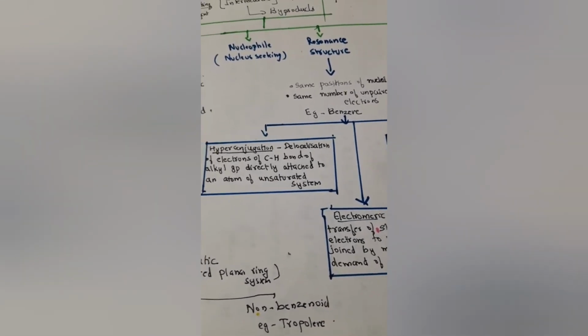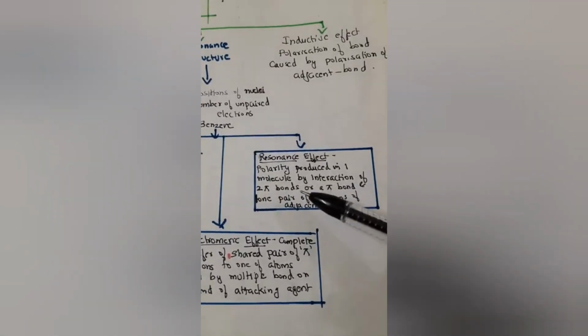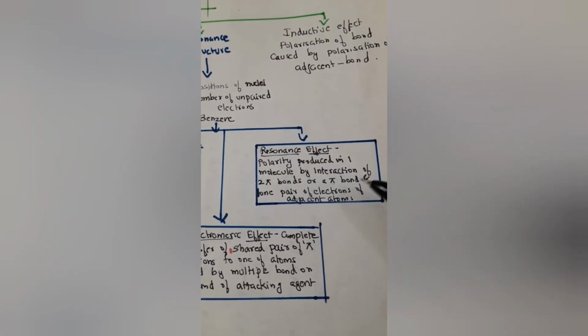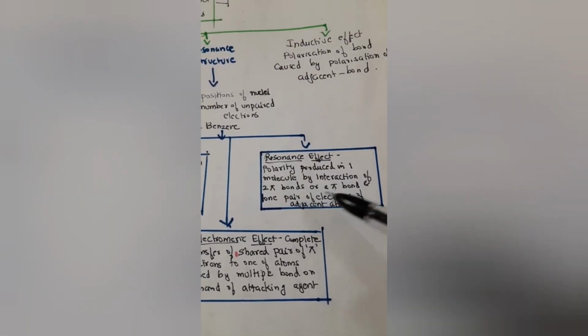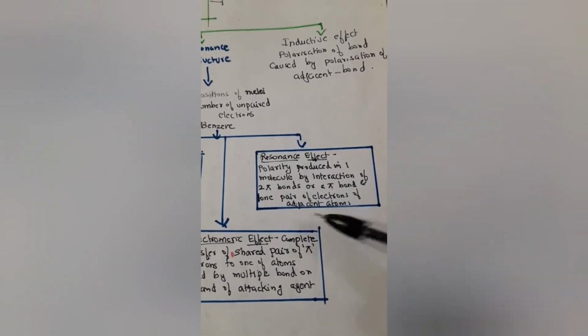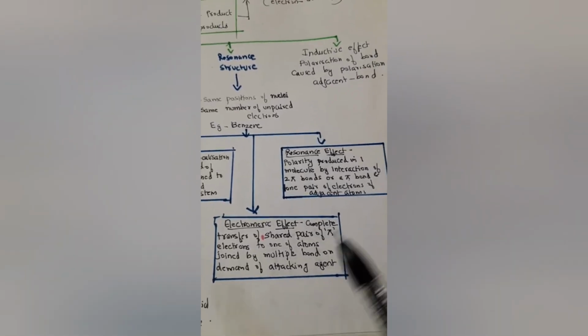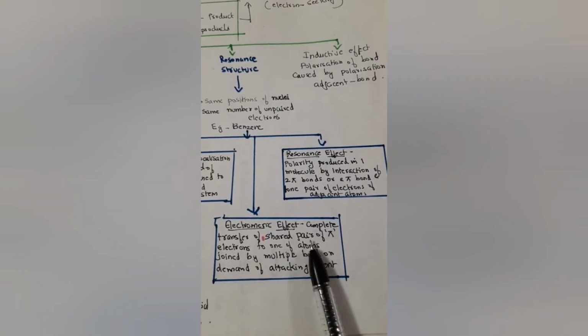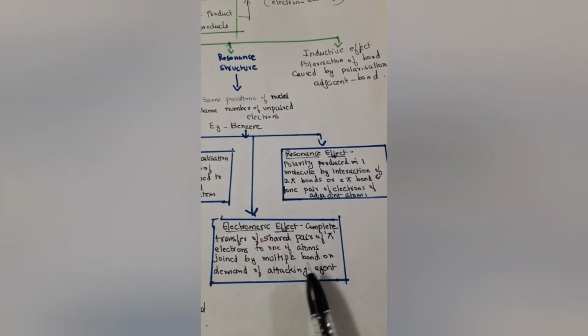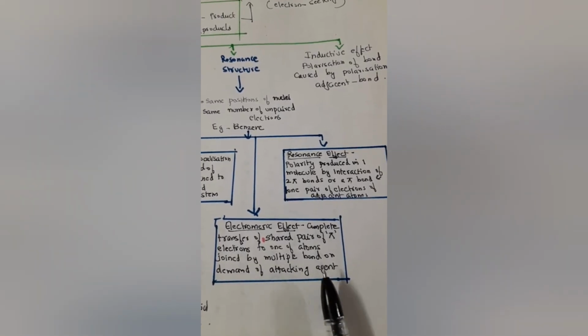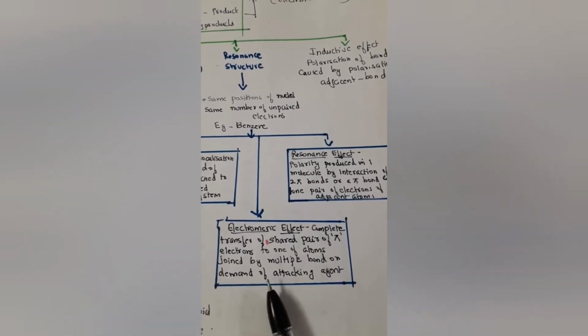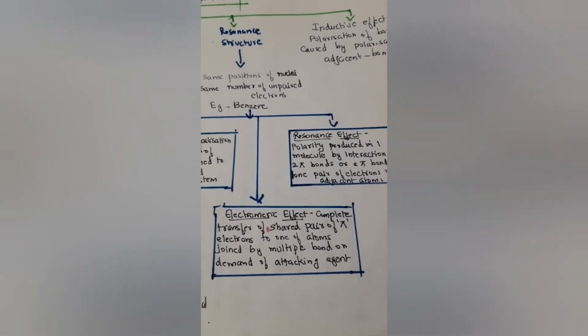Then resonance effect: polarity produced in a molecule by interaction of 2 pi bonds or 1 pi bond and a lone pair of electrons on adjacent atoms. Then electromeric effect: complete transfer of the shared pair of pi electrons to one of the atoms joined by a multiple bond on demand of the attacking agent.